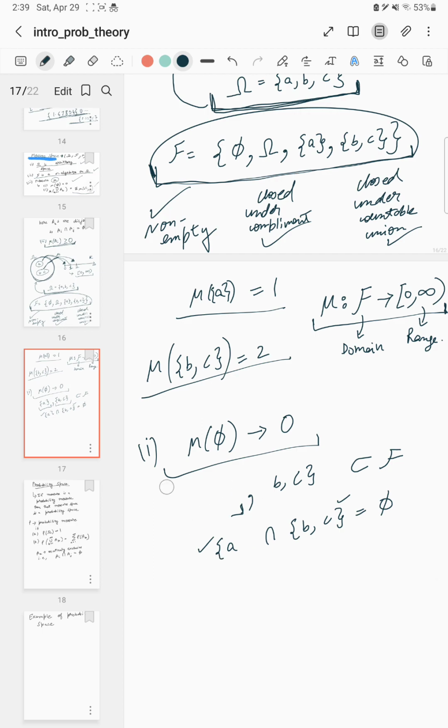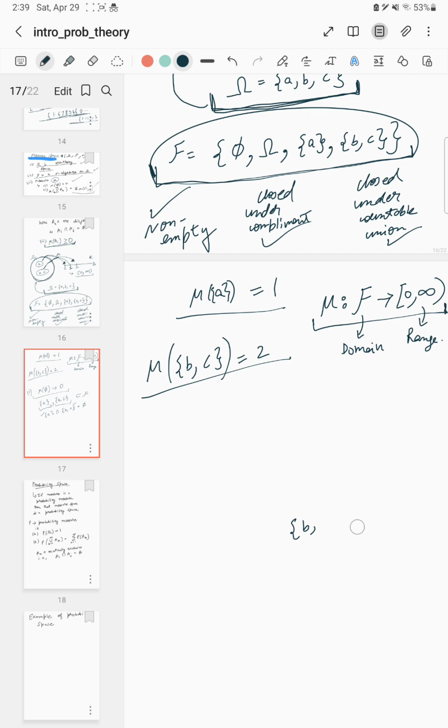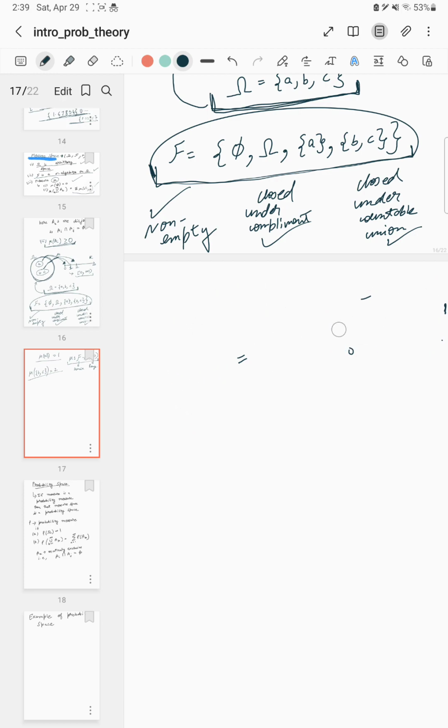Okay, so let's take one more example. Let's say we have a sample space 1, 2, 3, 4, 5.